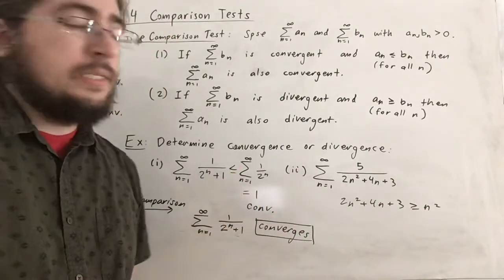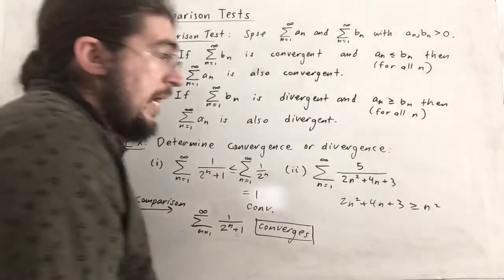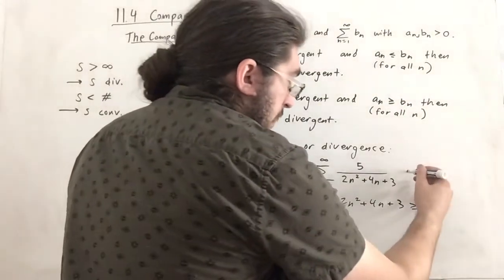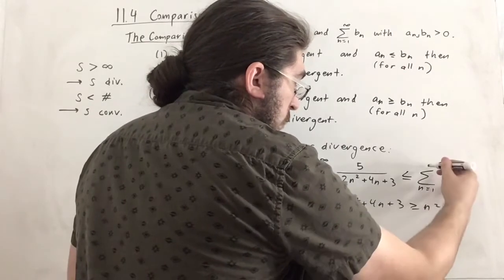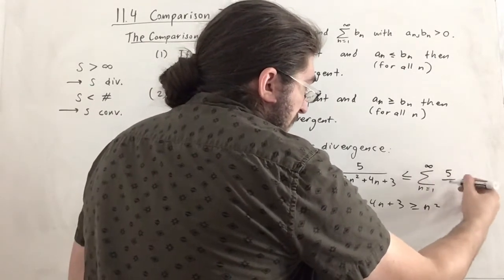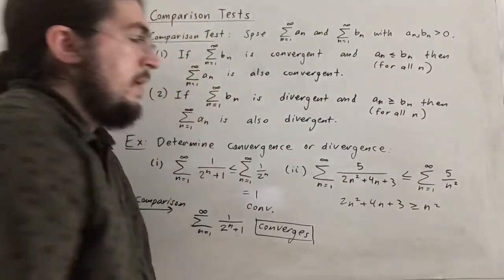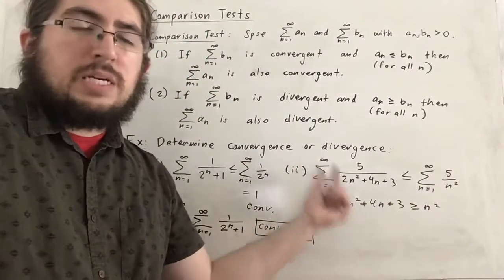So this makes sense. And now when you reciprocate both sides, you'll get that this is less than or equal to the sum from n equals 1 to infinity of 5 over n squared. Now the reason why it has that 5 is because 5 is a constant.